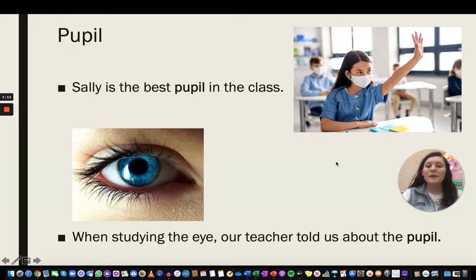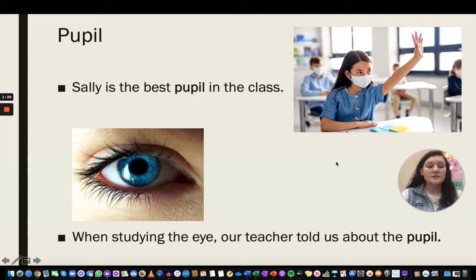One way we can use the word pupil is as another word for a student. We can say Sally is the best pupil in the class. We could also say Sally is the best student in the class. So again, the word pupil can also mean student.